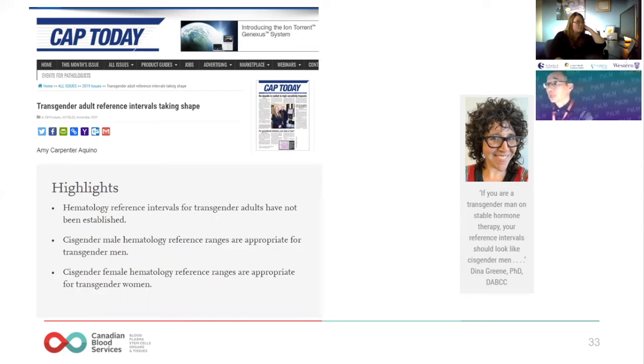And the picture there on the right says, if you are a transgender man on stable hormone therapy, your reference intervals should look like cisgender men. Similarly, if you're a transgender individual on stable hormonal therapy, your hematologic values for a trans man are in the male reference range, and for a trans woman in the female reference range. Next slide.